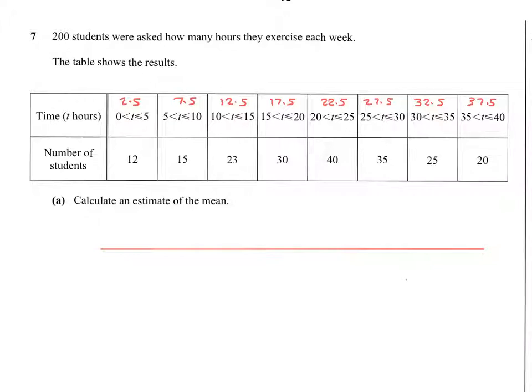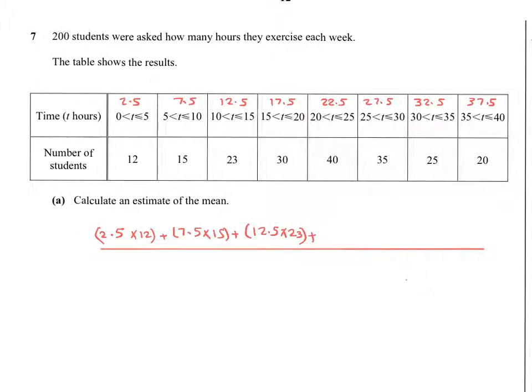After you find the center for each group, you can find the mean. The mean equals sum over number. The first group is 2.5 repeated 12 times, so 2.5 times 12. Second group, 7.5 times 15. Third, 12.5 times 23.